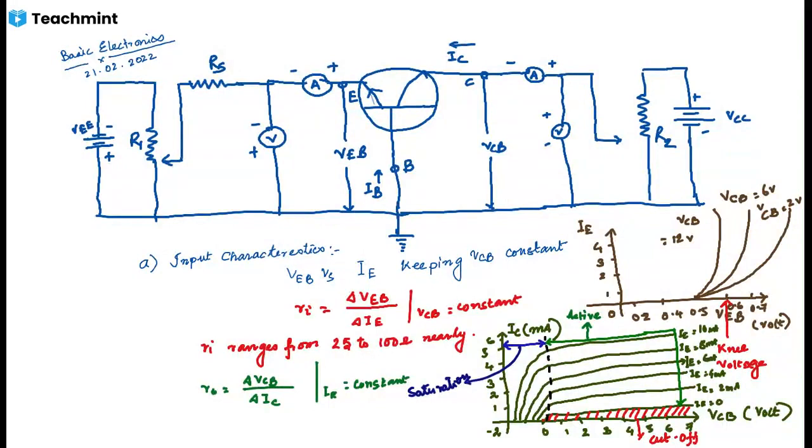For a given point, with the help of the output characteristics curve, DC and AC current gains in CB configuration can also be determined.